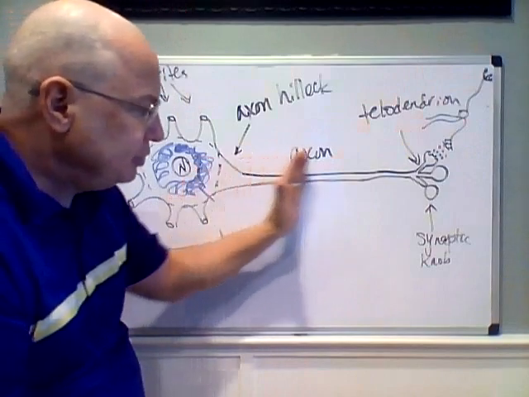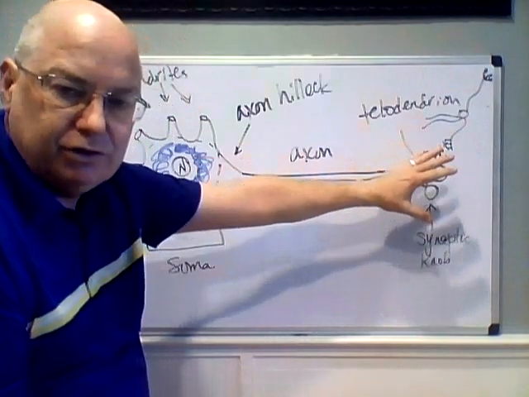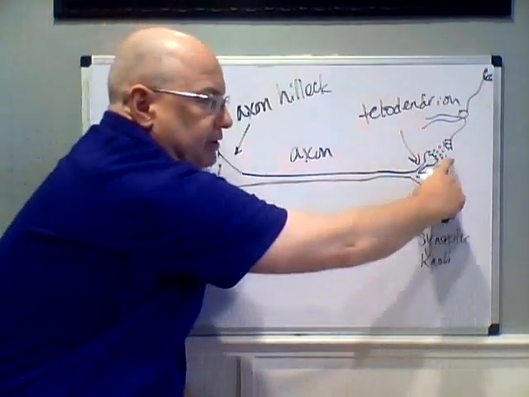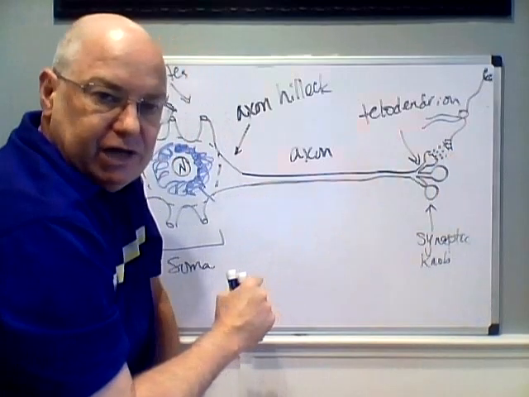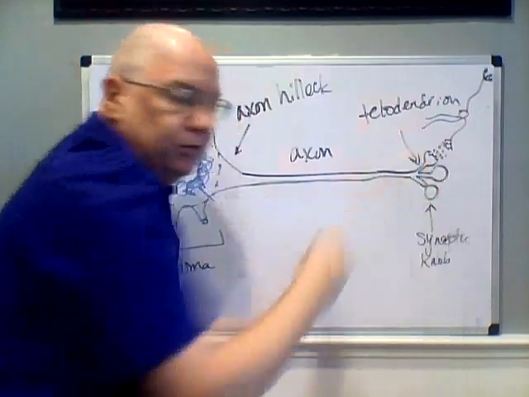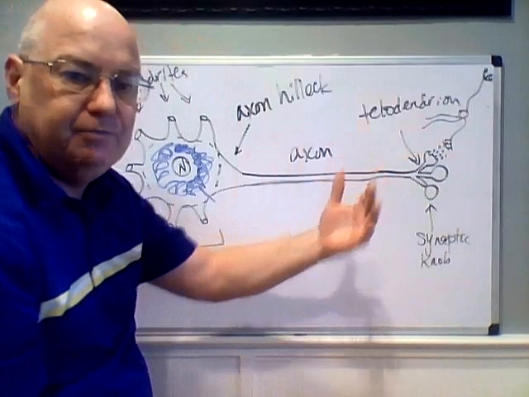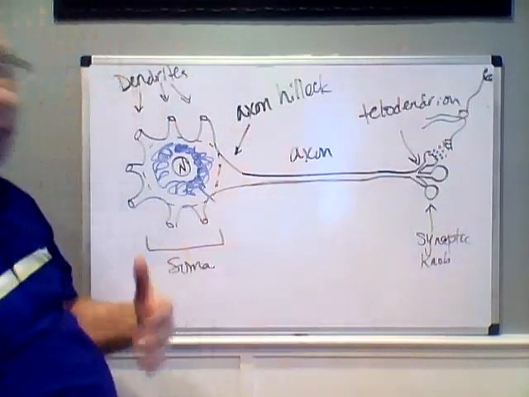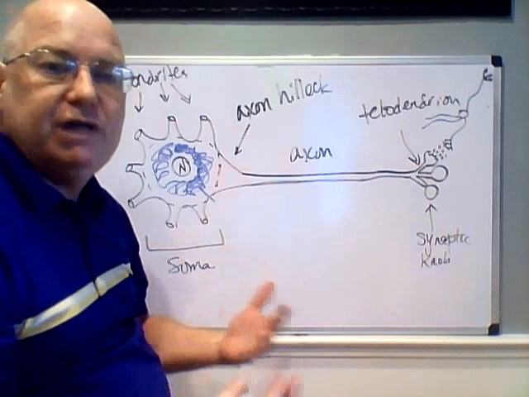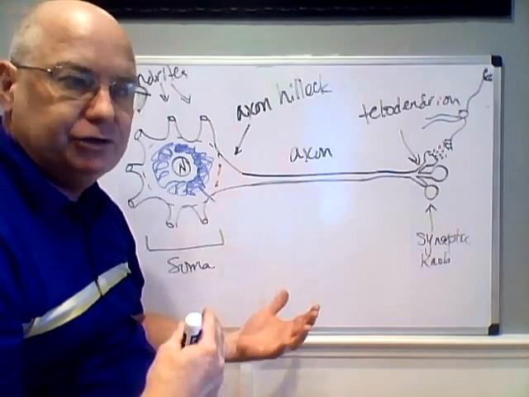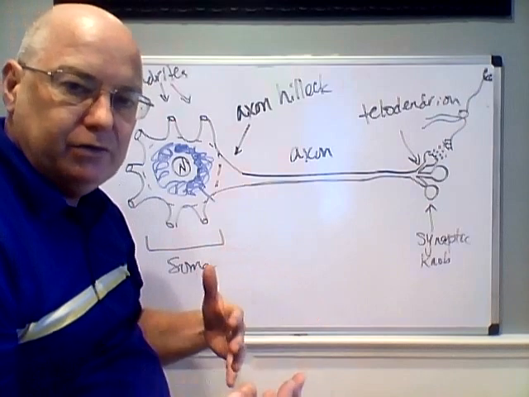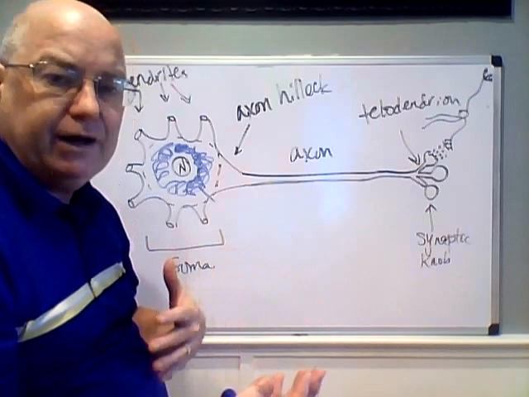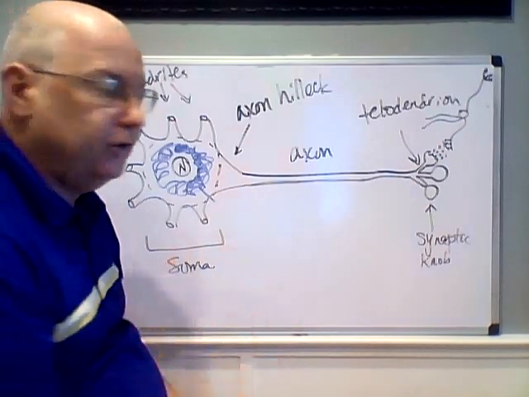The action potential travels down the axon, causes the neuron to release a chemical called the neurotransmitter across a small gap called the synaptic cleft. The neurotransmitter binds to receptors on the next neuron, and then that neuron would fire an action potential. Or it may not fire an action potential. We're going to see how action potentials can be created or stimulated to occur, and how they can be inhibited or prevented from occurring.